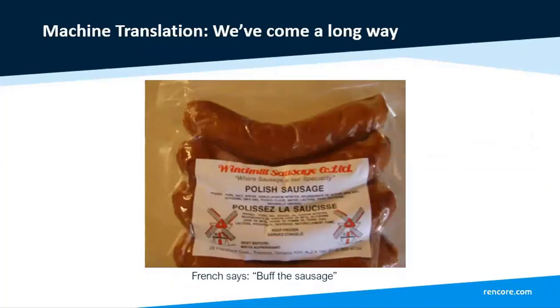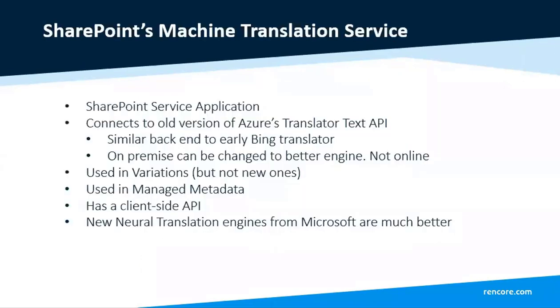That is a very old machine translation engine of a type that Microsoft never used. What's even funnier is down here it says best before, and the French says meilleur auparavant, which means it used to be better. So translation engines have come a long way from these embarrassing and hilarious translations, which were very risky to use in a workplace.